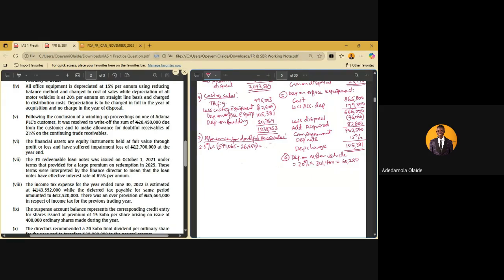And the double entry for bad debt will be to debit bad debt account and credit receivables account. That's why we are taking it out. And you cannot be creating an allowance for doubtful debt on a debt that is already bad, on a debt that is already irrecoverable. You can't say you are creating allowance for a debt that is no longer recoverable. That's why we have to deduct it before we calculate the 2.5%.